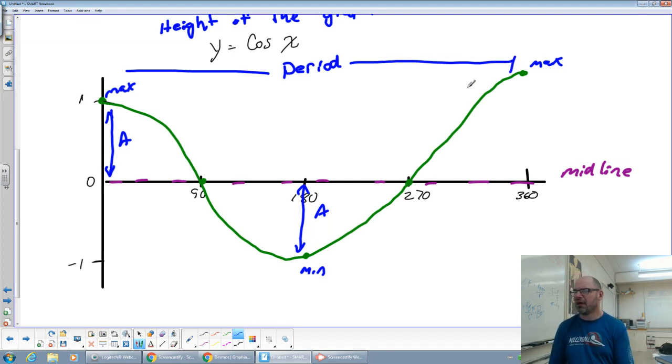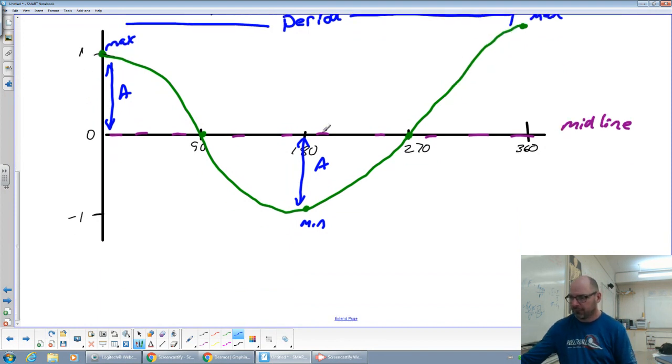So you'll notice that sine and cosine graphs have the same max and min values, even though they start at different places. They have the same period. They have the same equation of the midline. The only thing that's changed is that they cut the x-axis in different spots. Okay?